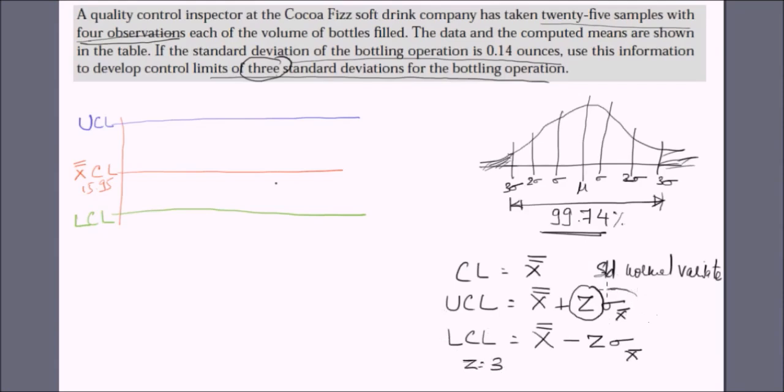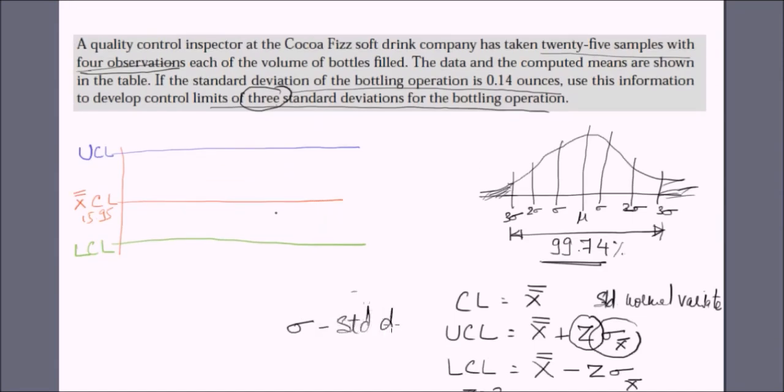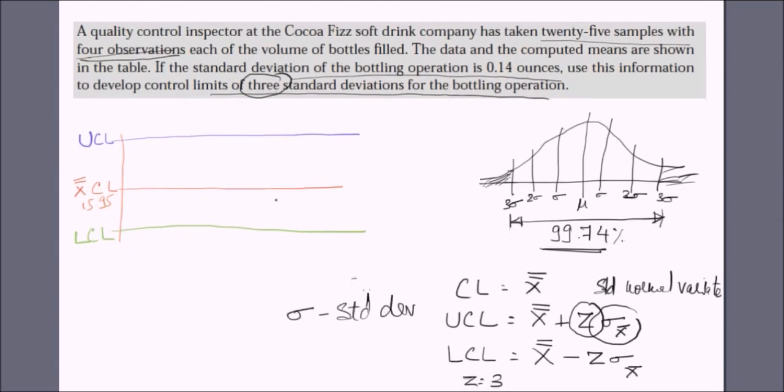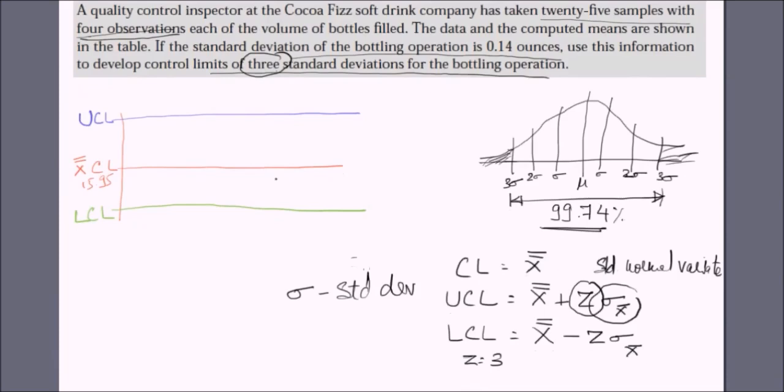And what is this sigma X bar? Well, we know sigma stands for standard deviation, and sigma X bar is actually the standard deviation of the sample mean. And how do we calculate it?